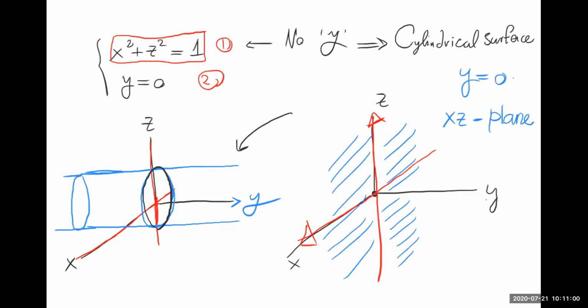Now, the intersection of this cylinder and this XZ plane is exactly this circle here. Let me go to the next page.